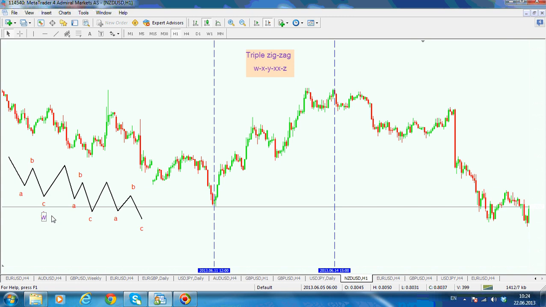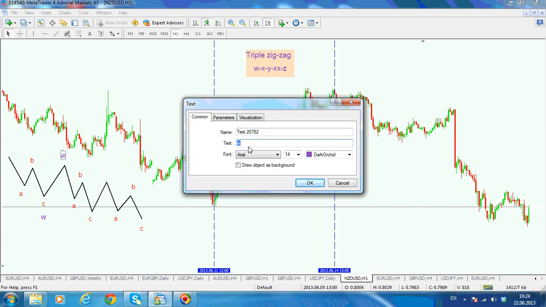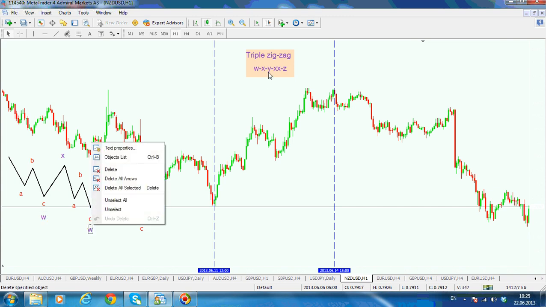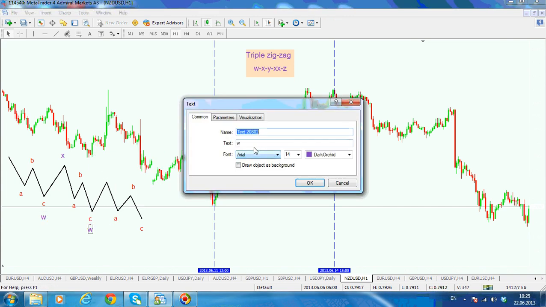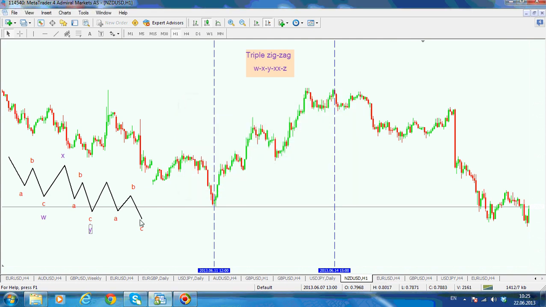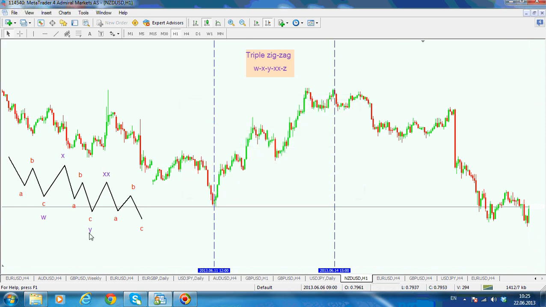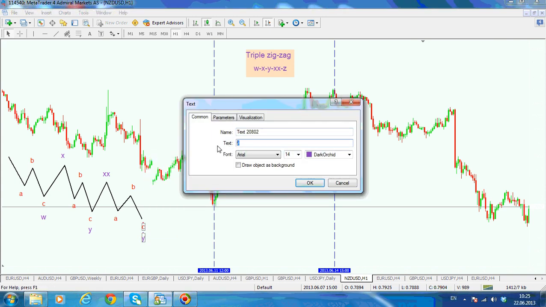So W, then an X, and an A, B, C as a Y, as this Y here, then a wave that is considered to be XX, then another wave to the downside for the third zigzag this time, and this should be labeled Z.